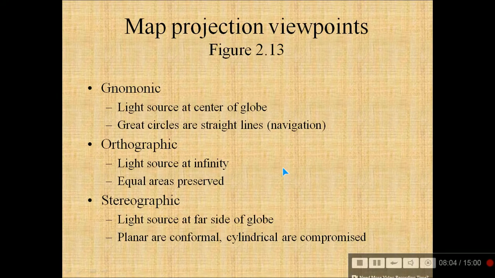Okay. Map projection viewpoints: these are gnomonic, orthographic or stereographic. Gnomonic: light source at the center of the globe, as I mentioned just now, and great circles are straight lines. Orthographic: light source at infinity, and equal areas are preserved. And stereographic: light source at the far side of the globe, planar are conformal, cylindrical are compromised.